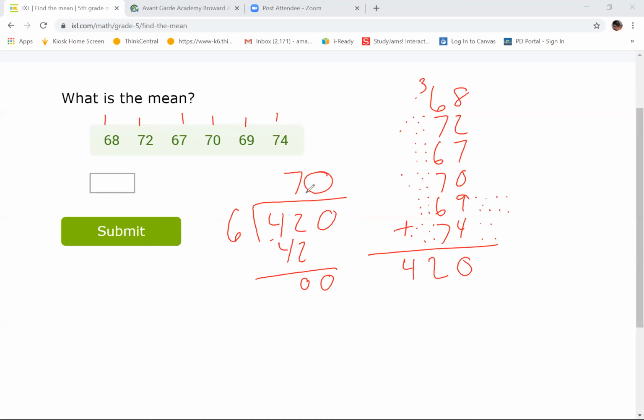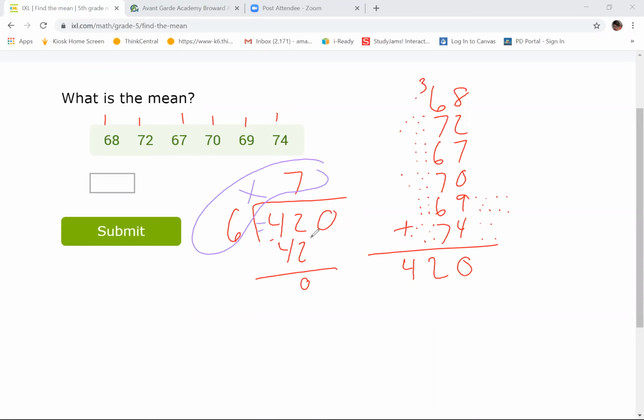How can I check my thinking? Let's say that I thought the answer was 7 because I'm at 0. How can I check my division? By multiplying. We multiply these together and it should equal this one.